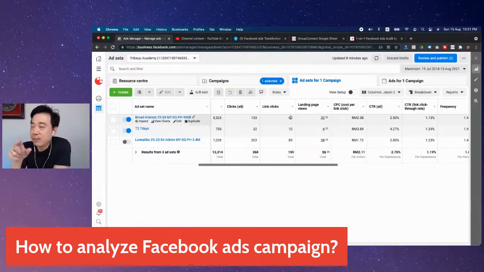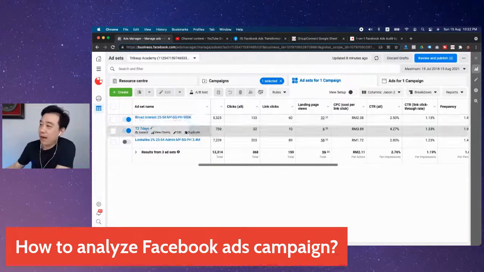One scenario of a troubled campaign is that you may have good clicks, but really poor landing page views. That means a lot of people click, but they did not land. It could be because you're targeting a certain area where the internet connection is not that good, or you have really screwed up hosting that is not loading. So this could be an angle that we want to look into.